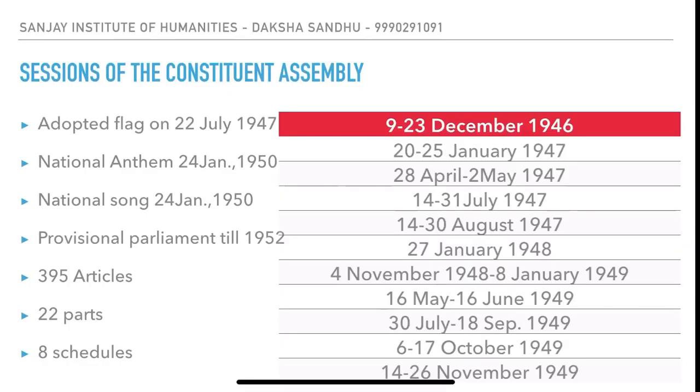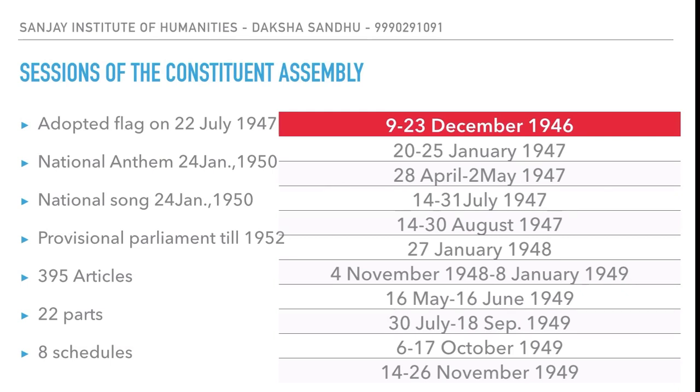From the examination point of view, the sessions of the Constituent Assembly and the basic information regarding this assembly are also very important. There were actually 11 sessions, and the Constituent Assembly met on different dates to debate, discuss and deliberate upon various issues in the procedure of constitution making.